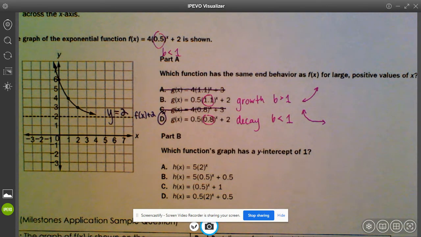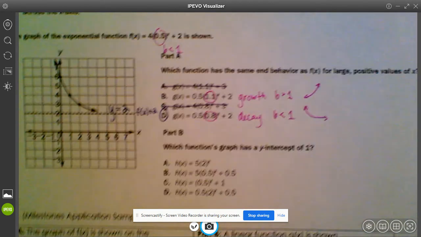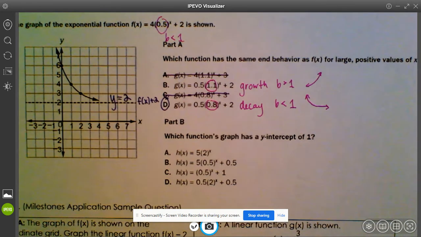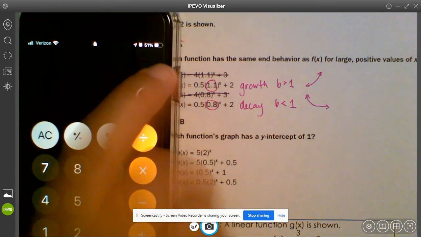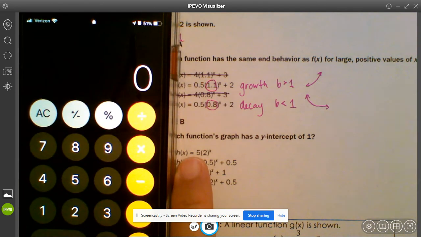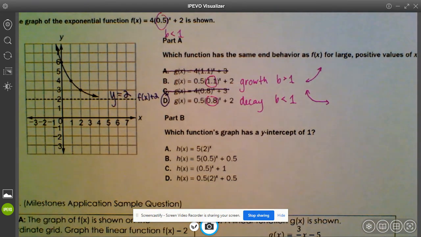All right, which function's graph has a y-intercept of 1? And I will tell you right now, I refuse to graph those 4 functions. Instead, what I'm going to do is use my calculator, which I don't have on me right now. So what I'll need you to do is bear with me. This is not a standard calculator, but you'll have to take my word for it, okay?